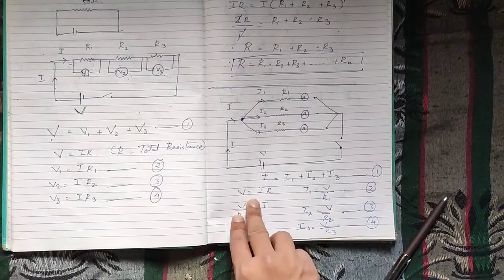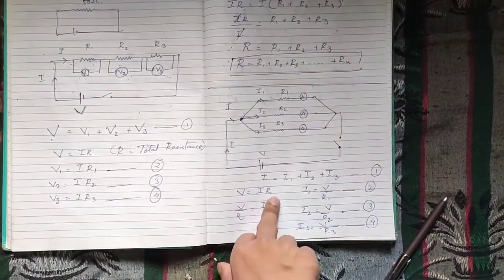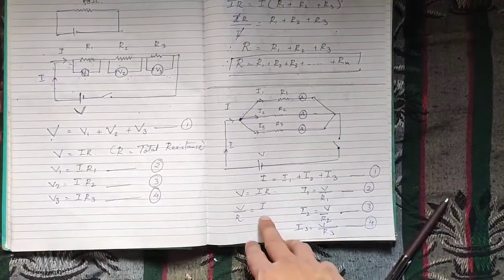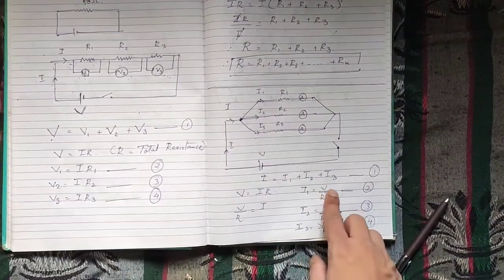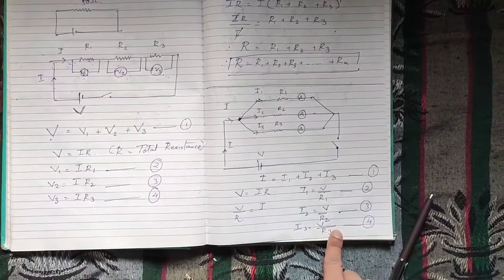Now once again we apply Ohm's law, that is V is equal to IR, but we want to find the current, so we take R to the other side of the equal sign and it becomes V by R is equal to I. In the same way we get I1 is equal to V by R1, I2 is equal to V by R2, and I3 is equal to V by R3.